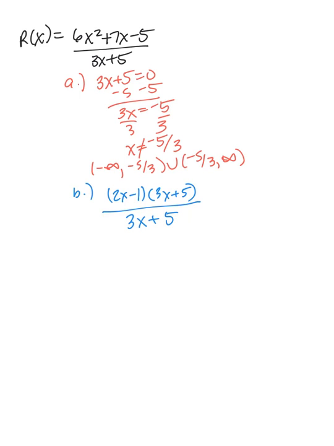Now I notice that I have factors that are the same in the numerator and the denominator. And actually what I notice here is that there is nothing left in the denominator. So that means I have no vertical asymptote. Even though I started with something in the denominator, it canceled off.